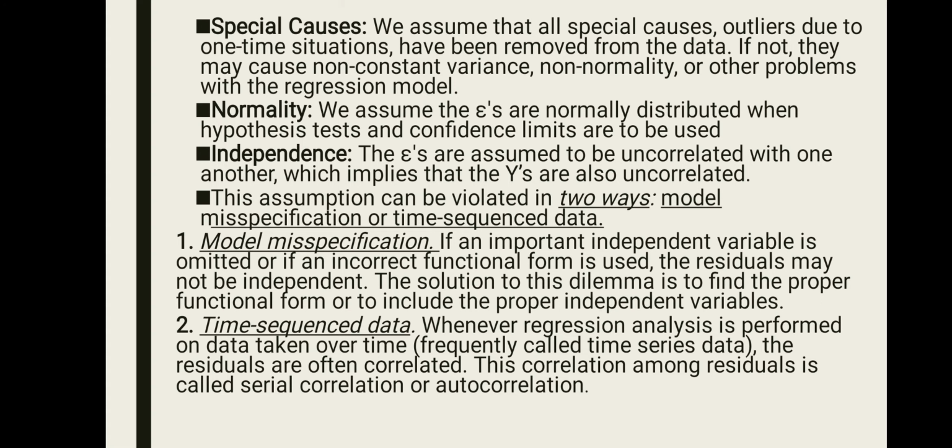Special causes. We assume that all special causes, outliers due to one-time situations, have been removed from the data. If not, they may cause non-constant variance, non-normality, or other problems with the regression model.